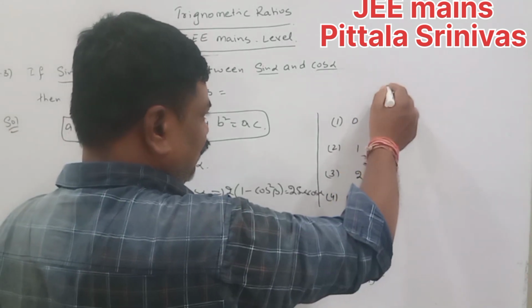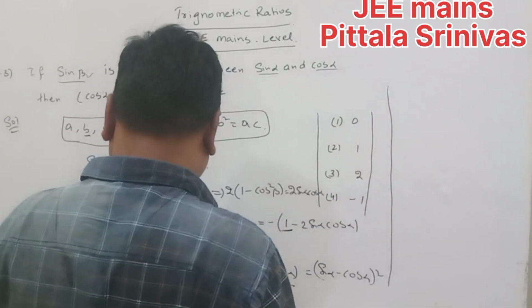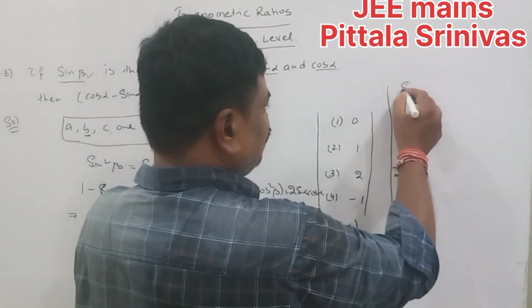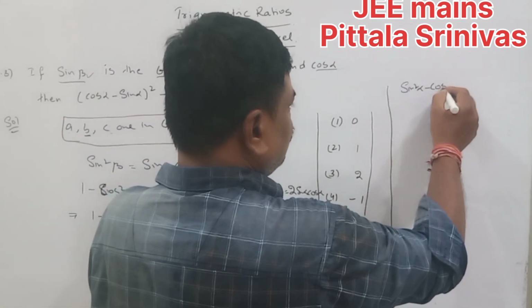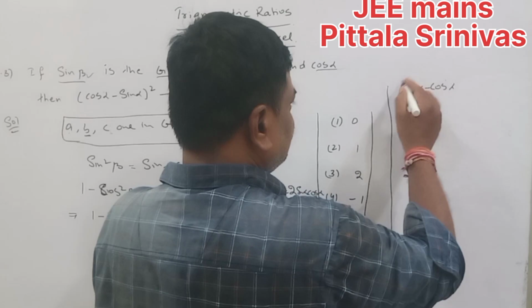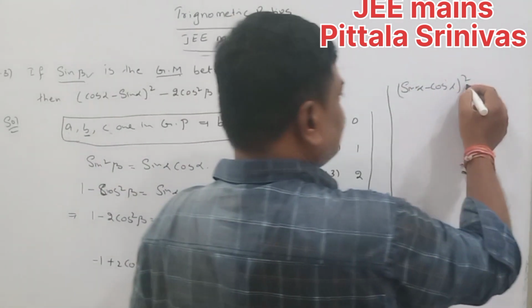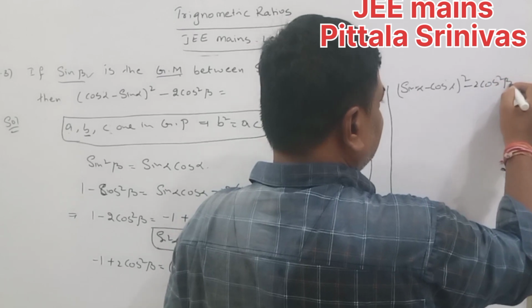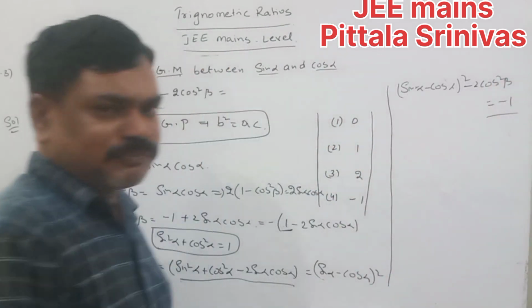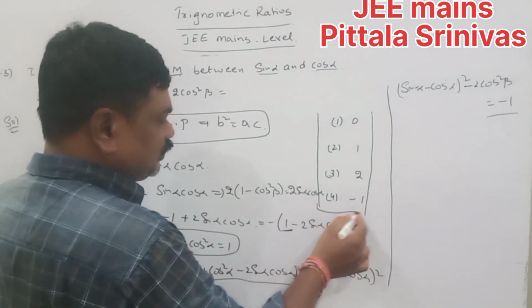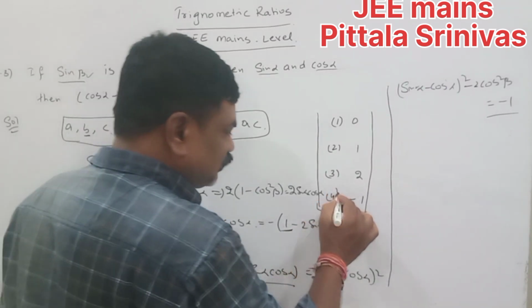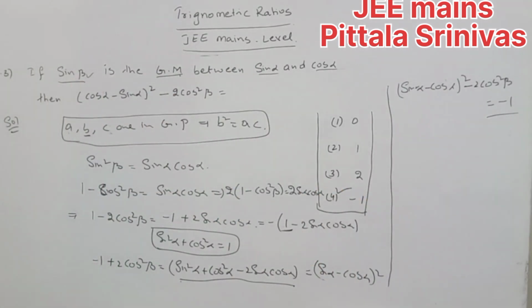Then we can write sin alpha minus cos alpha whole square, taking it to this side, minus 2 cos square beta is equal to minus 1. Okay, by observing these options, option 4 is the answer. Okay, all of you. That's all.